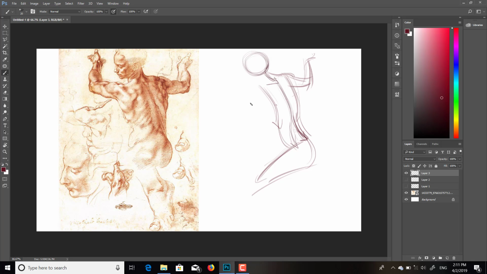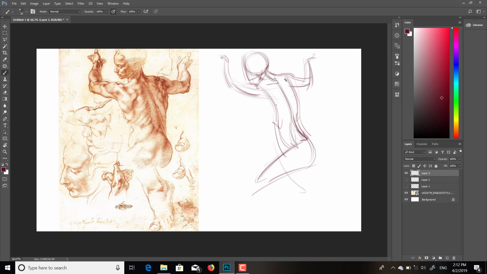I add arms next. Here we've got neck. You see, I don't draw symmetrical lines. So that's it.